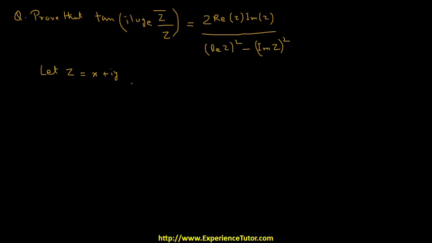Therefore, conjugate of z is equal to x minus i y, and modulus of z is equal to under root x square plus y square.